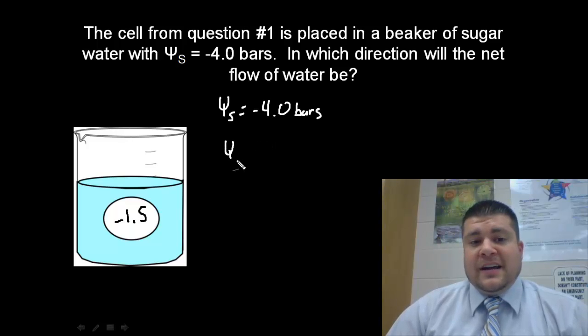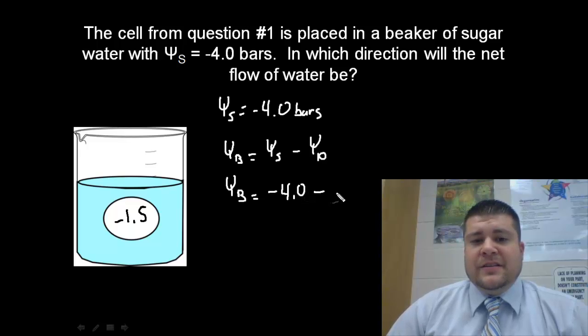Remember to find the psi of the beaker, so let's just say psi b is going to be equal to the psi s minus the psi p. To find the psi of what's in the beaker, we use negative 4.0 bars minus the psi p. Well, what's the psi p?